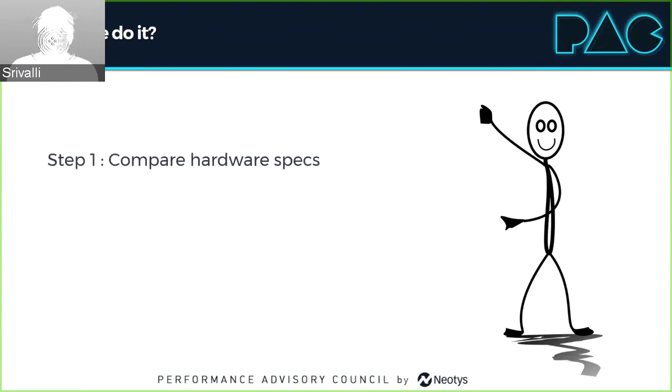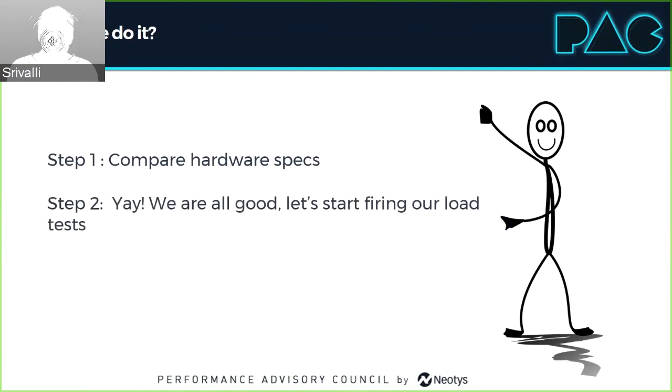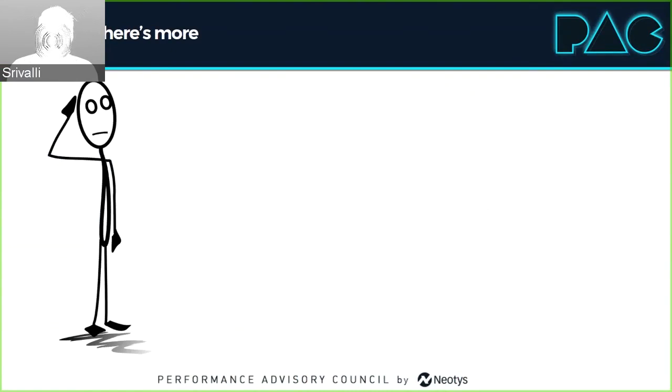Step 1, get the number of CPU cores, RAM size, disk space and operating system version for your production servers as well as your performance test servers, and then do a quick comparison. Step 2, if they are sized equally, then yay, just go ahead and start our load tests. No. Well, no. My point is, comparing hardware specs is just not enough to ensure that an environment is fit for performance testing.